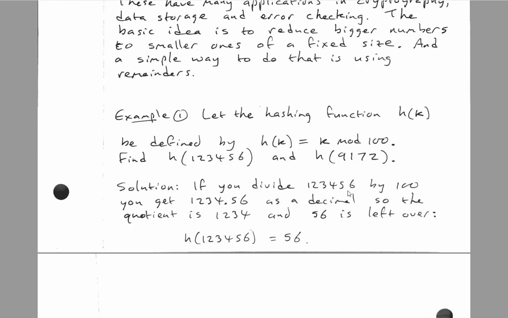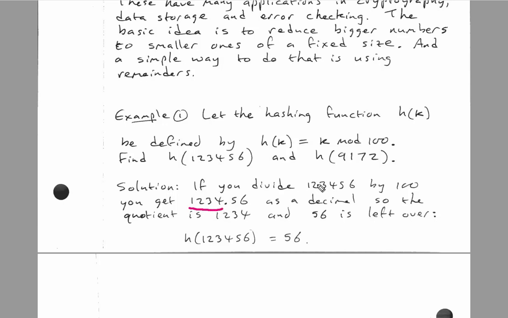Okay, well, what happens if you divide this first number by 100? Well, on your calculator, you'll get this, or just remember dividing by 100 moves the decimal point 2 places to the left. So we can see the quotient.